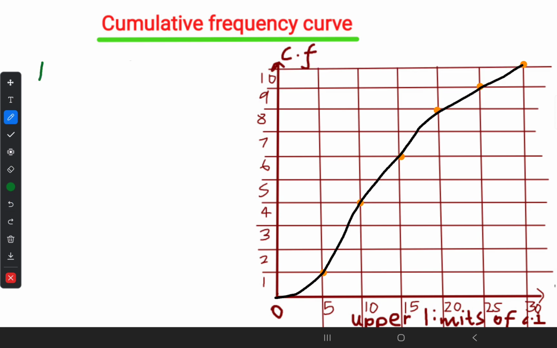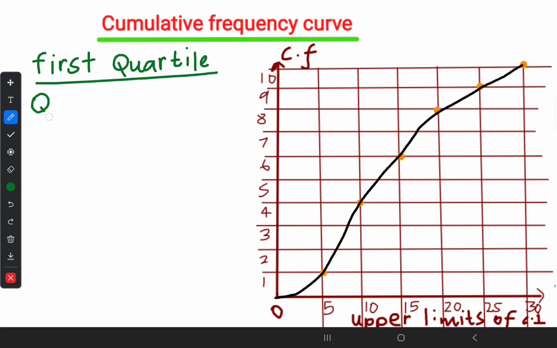Fine. That is the first quartile. We use the letter Q1 to show the first quartile. First quartile means one fourth of the total cumulative frequency. What is the total cumulative frequency? That is 10.